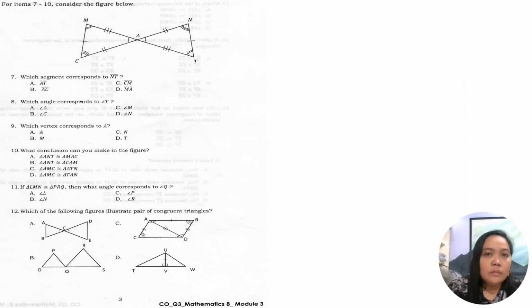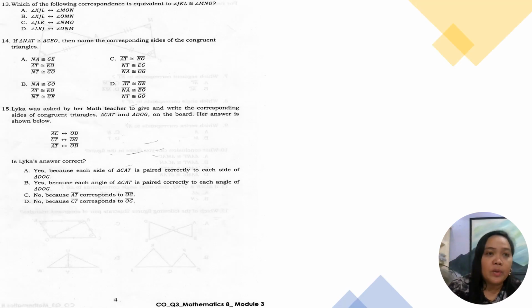So, using your activity or answer sheet provided by your teacher, write the letters of the correct answer there. Do not write anything in your SLM. All the answers should be written on your answer sheet. You may now begin.